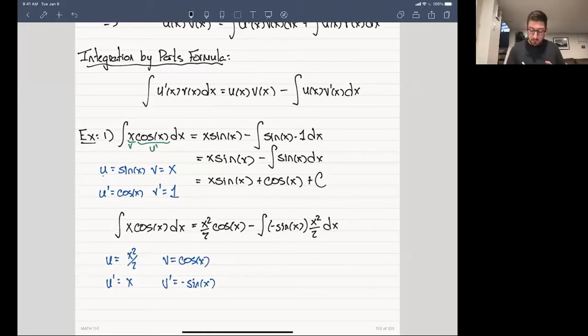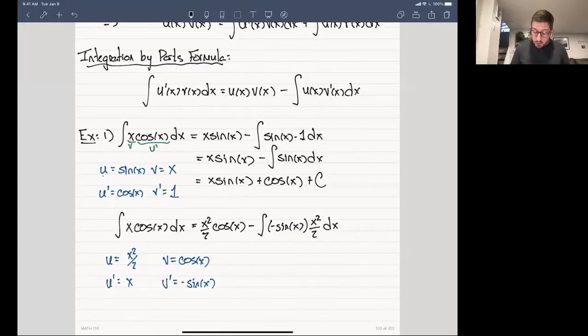You started with a linear function x times a trigonometric function. You said that's too hard for me. But now what do you have? You don't have a linear function times a trigonometric function. You've got a quadratic function. So you went up in order. You made it harder. So there's a nice sanity check when you do integration by parts problems. And the sanity check is, did I make it easier or did I make it harder?